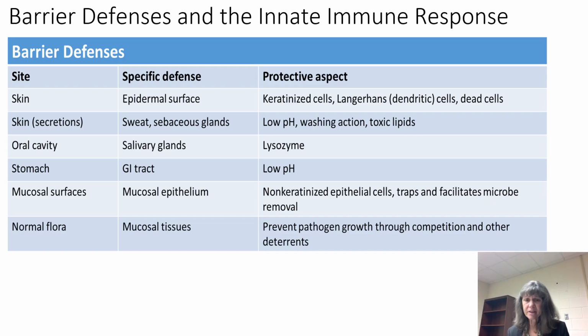The mucosal epithelium, even though it has non-keratinized epithelial cells, can trap and facilitate the removal of microbes because mucus is designed to be moved toward the throat where it can be swallowed. So our upper respiratory tract has cilia on the surface of the cells that sweep the mucus towards our throat. The trachea has pseudostratified ciliated columnar epithelium, which sweeps upward towards the throat, so that mucus again can be swallowed and go down to the stomach, where the stomach acid would kill the pathogens.